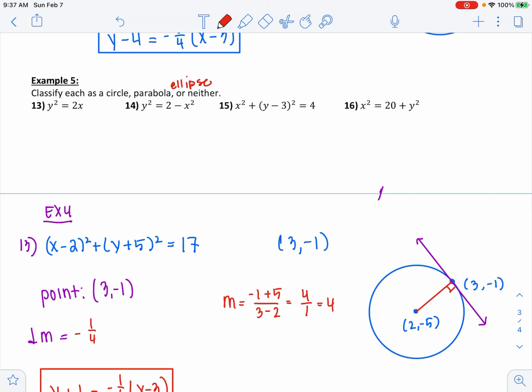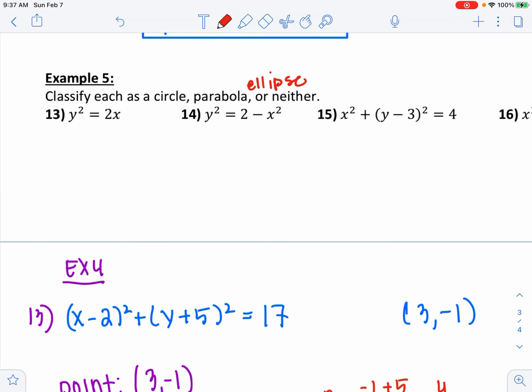So it has an x squared and a y, or a y squared and an x. Both a circle and an ellipse have an x squared and a y squared. They also both have additions separating those two terms. Now the difference is that if you look at the coefficients on that x squared and the y squared, if they're the same coefficient, it's a circle. If they're different coefficients, it's an ellipse.